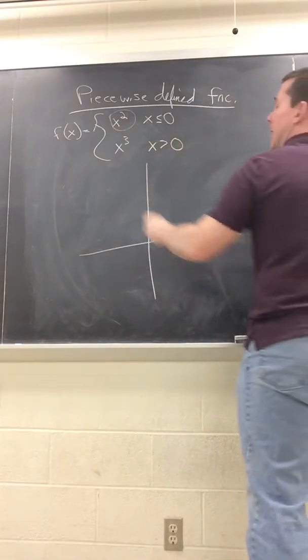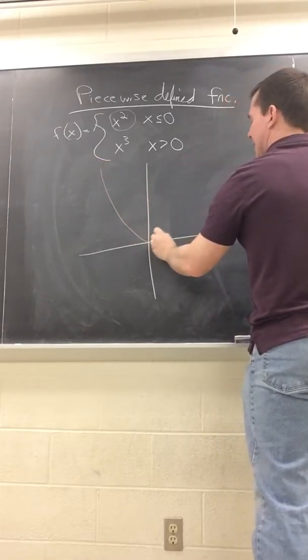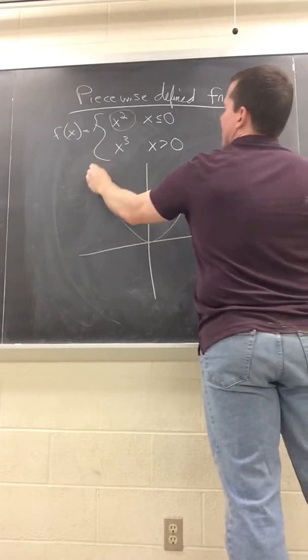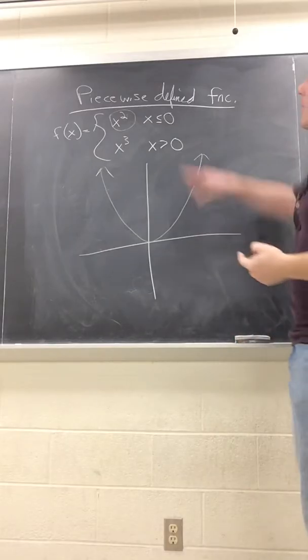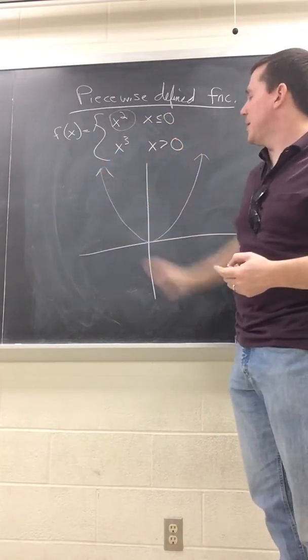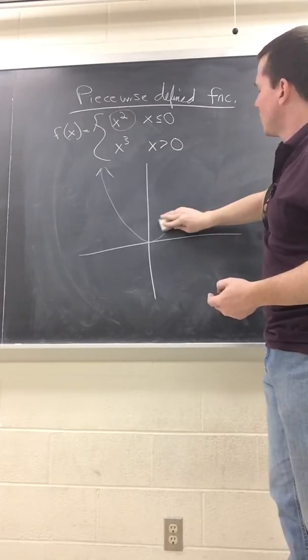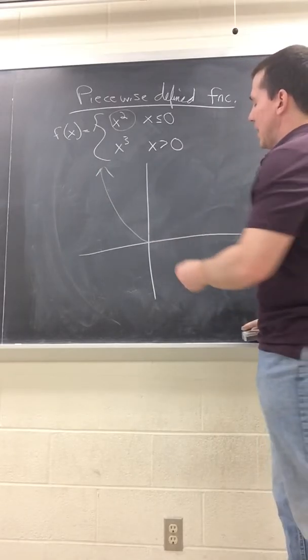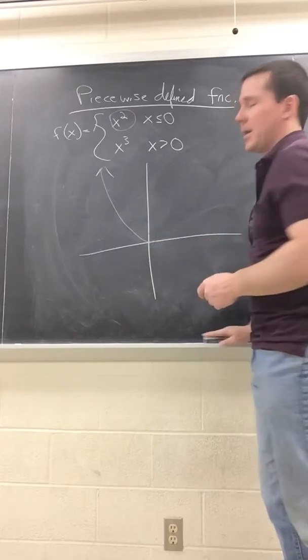So let's see. Normally, the parabola x squared looks like this. But now I want to restrict myself to the x's less than or equal to 0. So now I only care about the stuff on the left. So get rid of all of that, because I don't care where x is greater than 0.